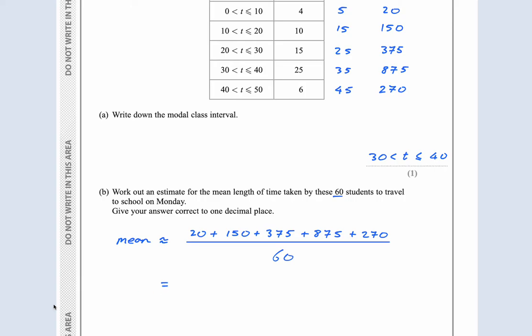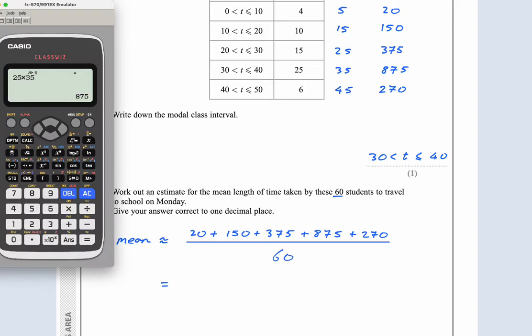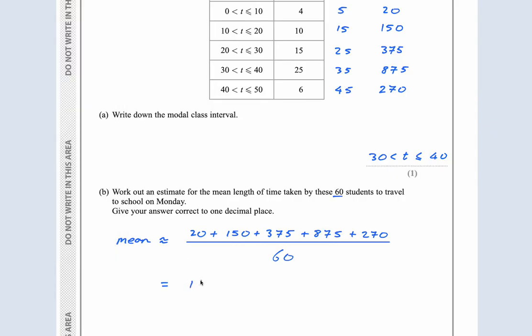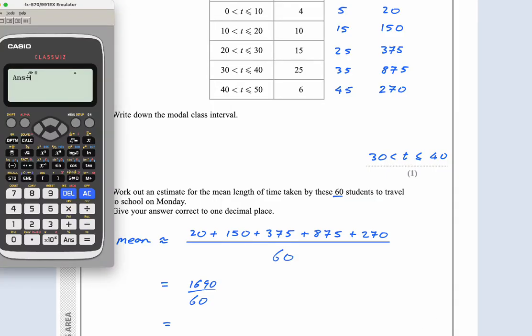And this equals, right, let's add all these up. 20 plus 150 plus 375 plus 875 plus 270 is 1690. So 1690 over 60, which is equal to 1690 divided by 60, divided by 60 is 169 over 6, or 28.166, and he says 1 decimal place.